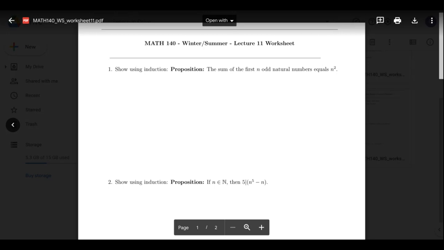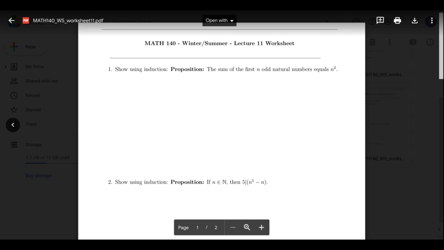Whoa, Maria, what are you typing? You're typing 2n plus 1 equals n squared. That's totally wrong. 2n plus 1 equals n squared only works for certain numbers. No, it doesn't work for any number actually. No, P of 1 doesn't equal 1 squared.